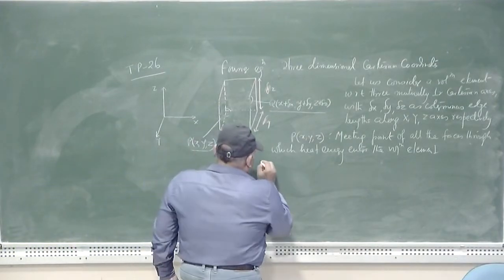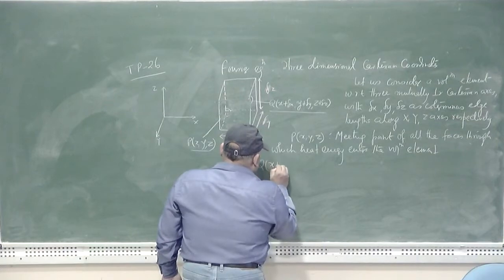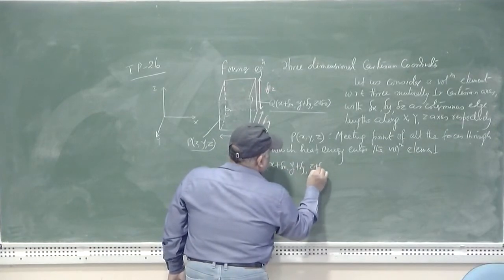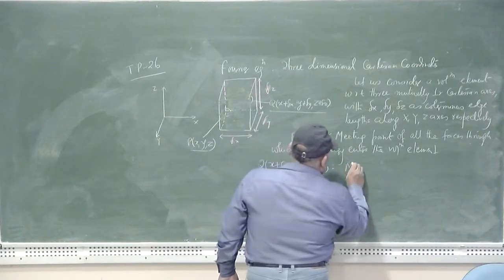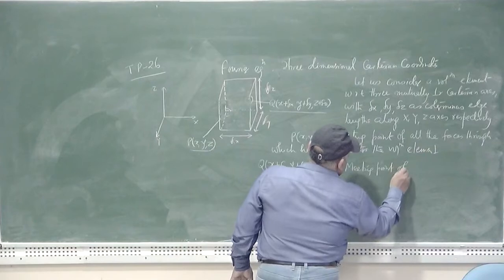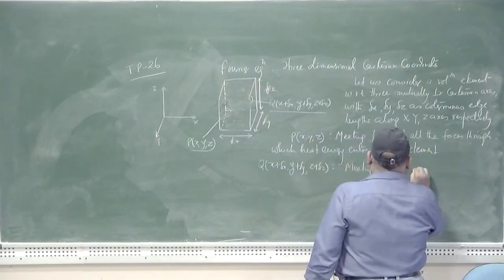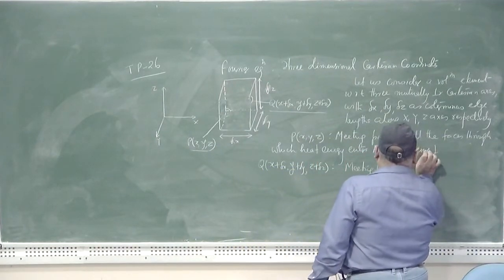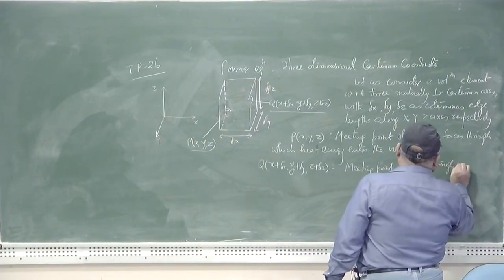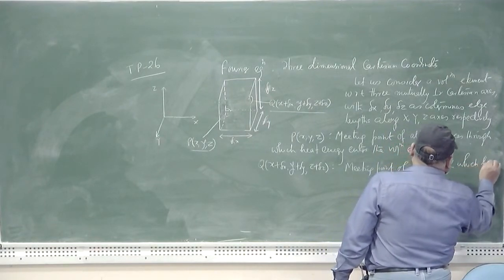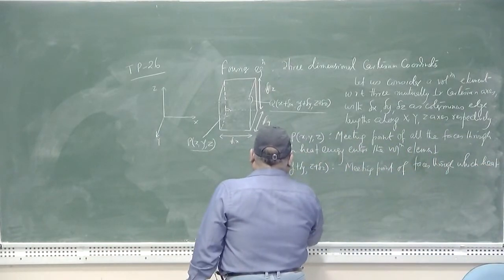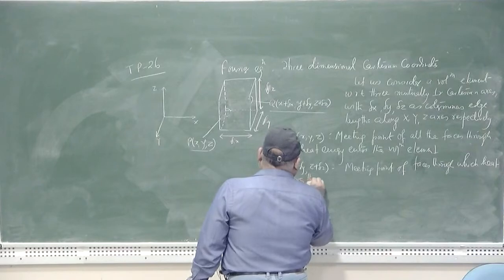So the definition of the point Q(x plus delta x, y plus delta y, z plus delta z) is the meeting point of faces through which heat energy leaves the volume element.